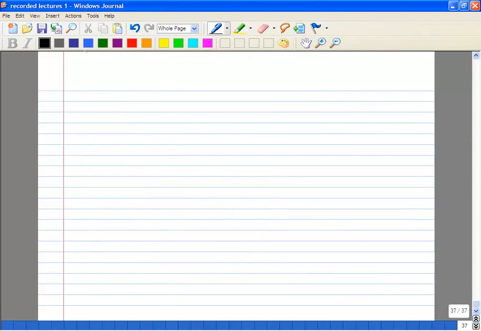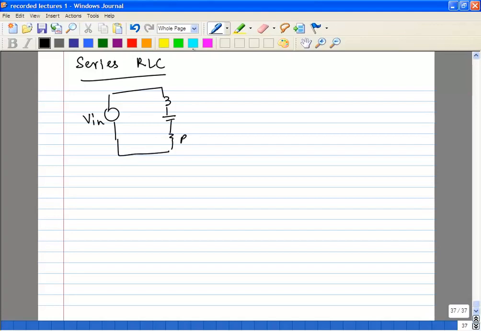Okay, so now a quick look at series RLC networks. Let's say you have a voltage Vin being applied to a series RLC network. Let's say the voltage across the inductance is VL and voltage across the capacitance is VC.